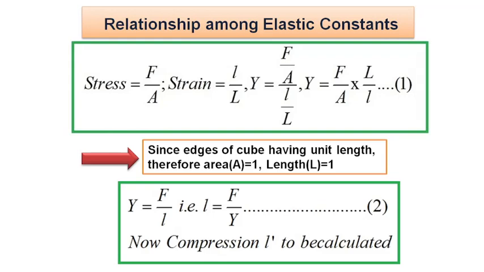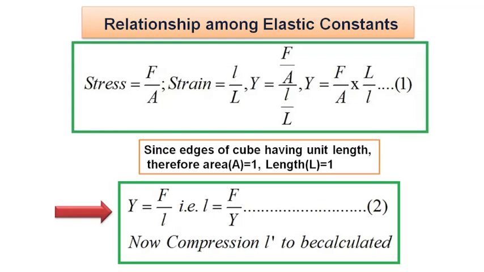Since the edges of the cube have unit length, area capital A is equal to 1 and length capital L is also equal to 1. Young's modulus capital Y is equal to force divided by change in length, so the elongation or extension, denoted with small l, is equal to force divided by Young's modulus. Suppose this is equation 2.